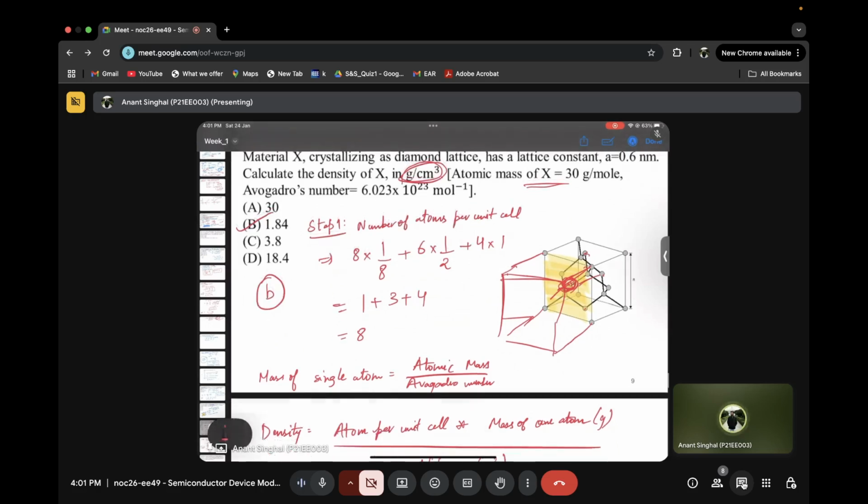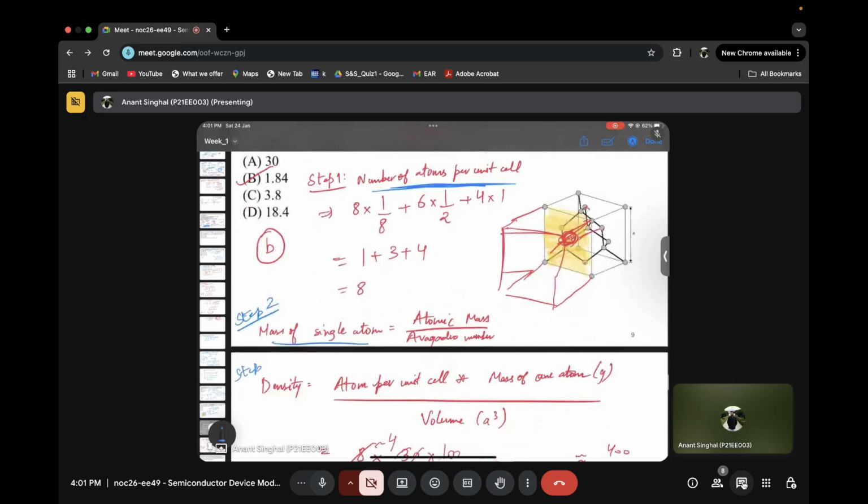So I'll repeat the steps again. In any question, we'll first find out the number of atoms per unit cell. Then step 2, we'll find out the mass of a single atom. And step 3, we'll find out the density, which is given by atoms per unit cell that we calculated in step 1, times the mass of one atom that we calculated in step 2, divided by the volume, which is a cube.